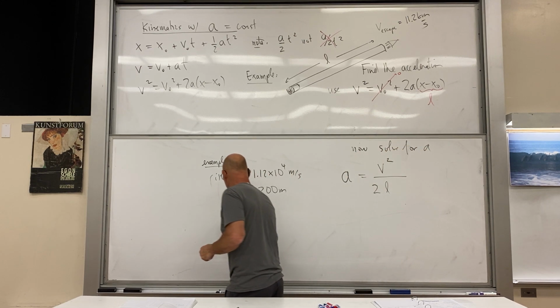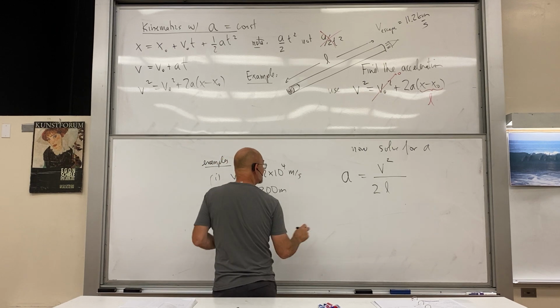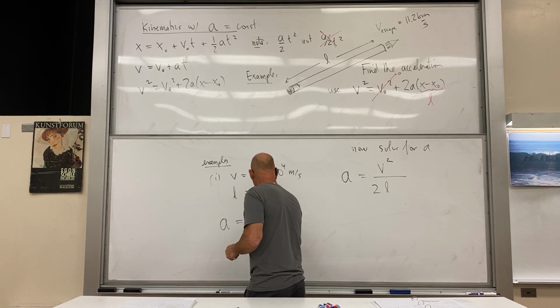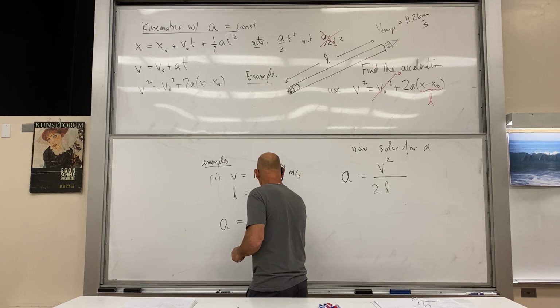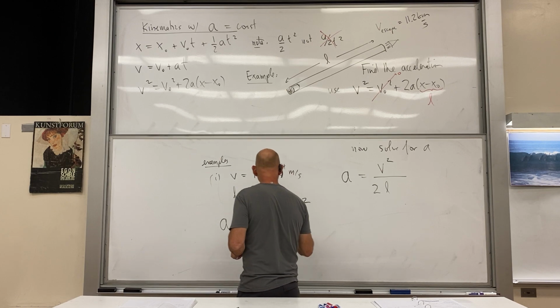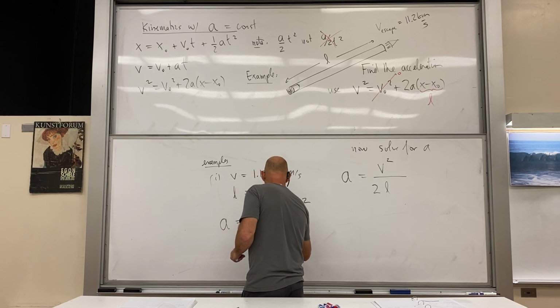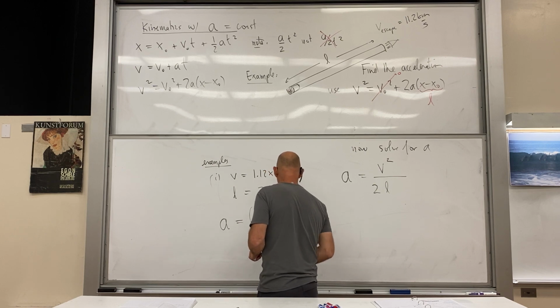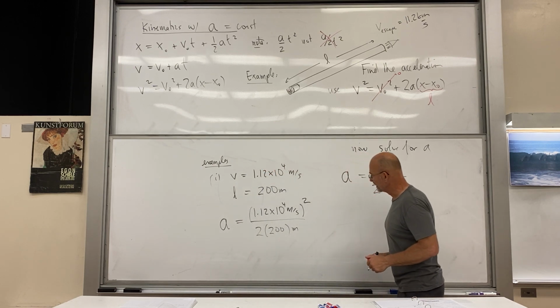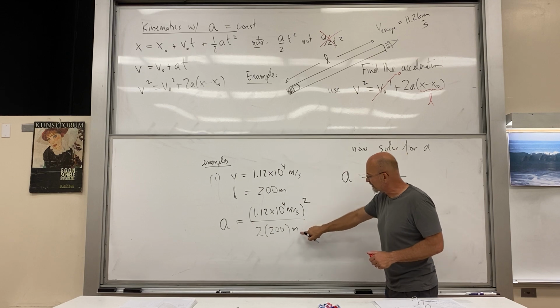Okay, let's see. Acceleration under these circumstances, we have 1.12 times 10 to the 4 meters per second squared divided by 2 times 200 meters. So it's meters squared per second squared divided by meters.